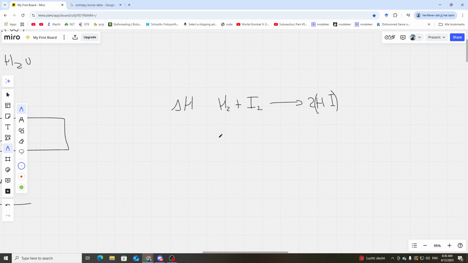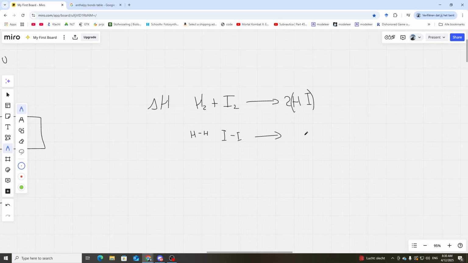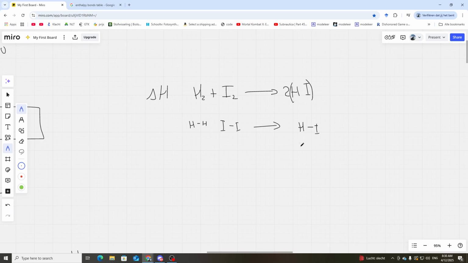So we're going to draw these bonds out. H2, we draw like this. I2, we draw like this. Turns into 2HI, and another HI. Cool. So these are the drawings of my bonds.